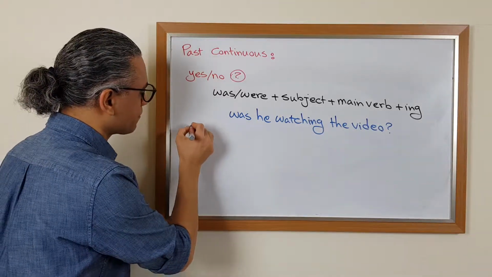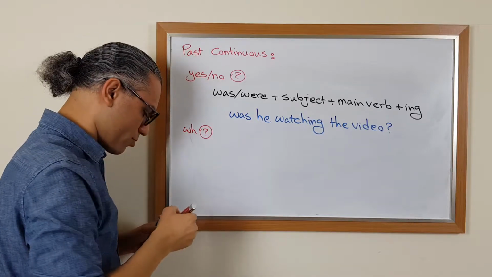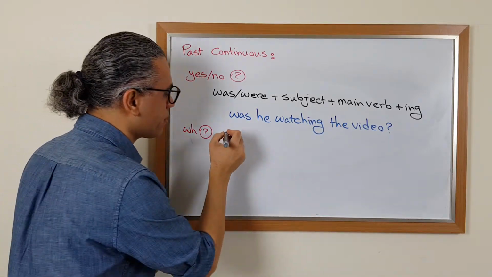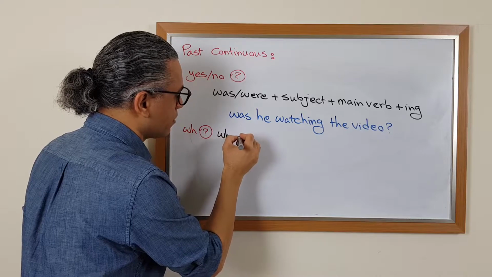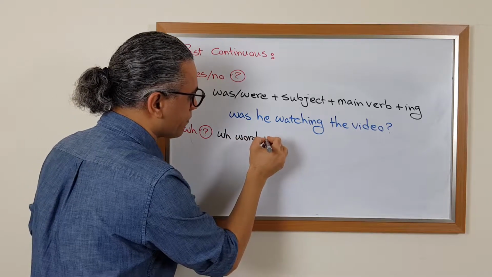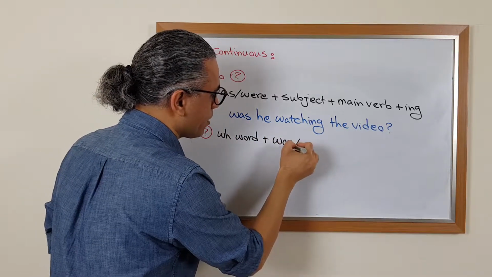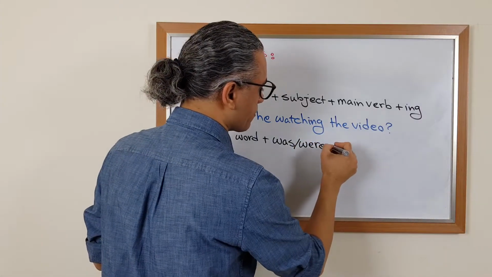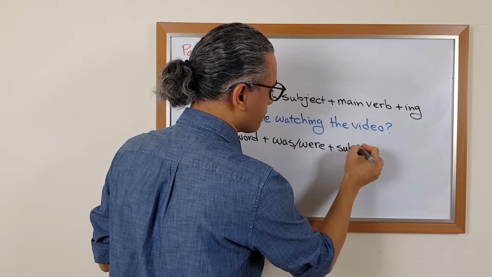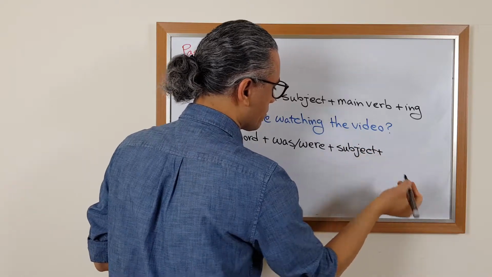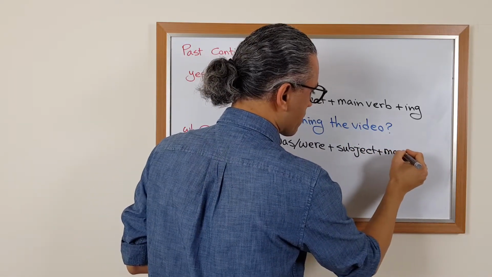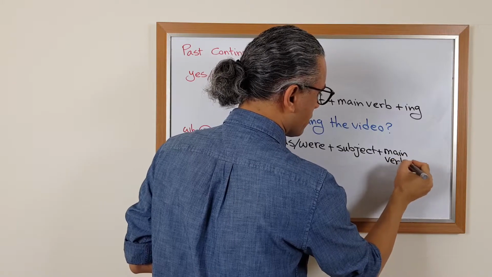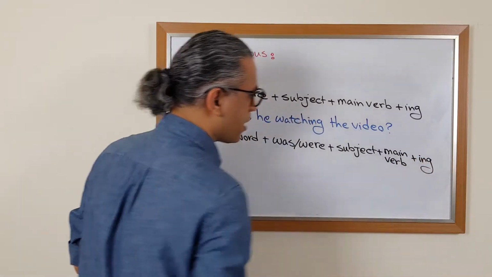Now, WH questions. You start with WH word plus was or were as your auxiliary verb plus subject plus main verb in ing form.